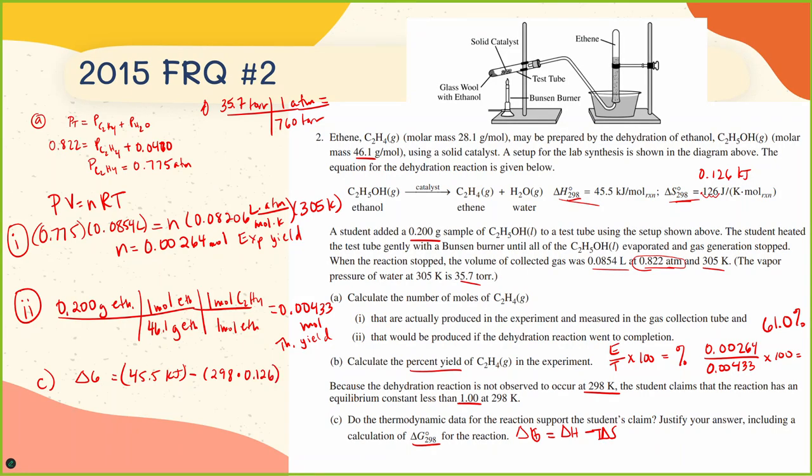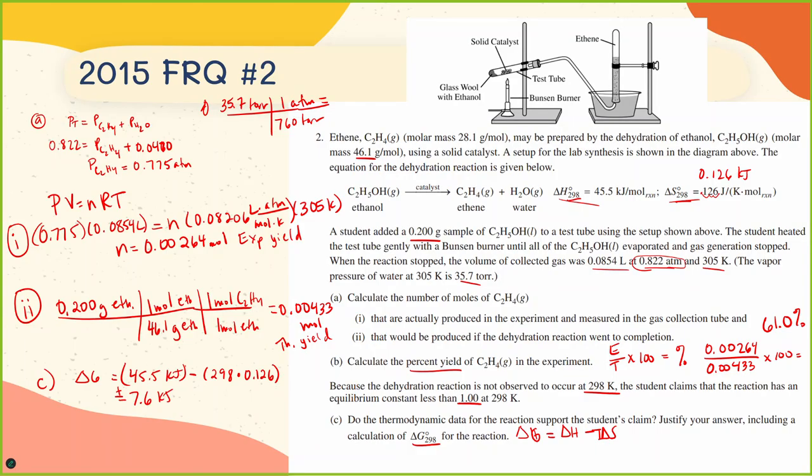And we calculate this, and I'm getting delta G equals 7.6 kilojoules, where it is a positive value.